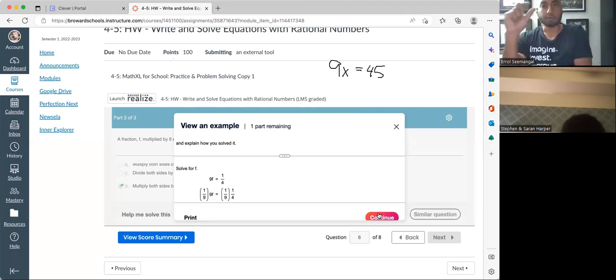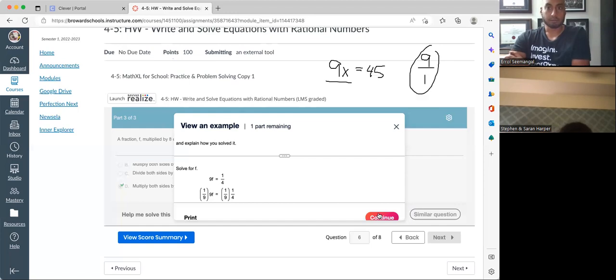Don't confuse coefficient and reciprocal. Those are two different things. This is the coefficient. What's the reciprocal of 9? Flip it. What number is on the bottom here? 1. What's the reciprocal of this?